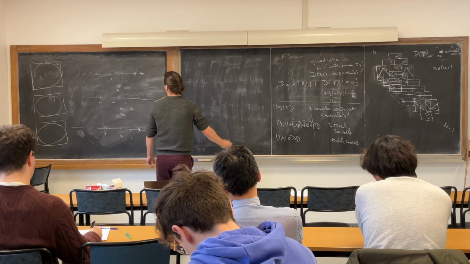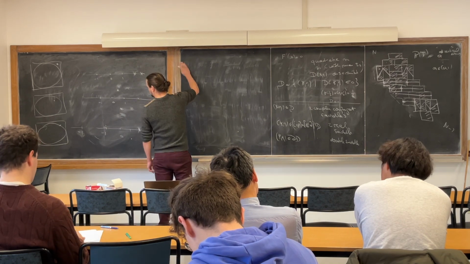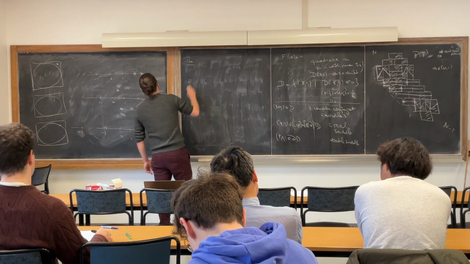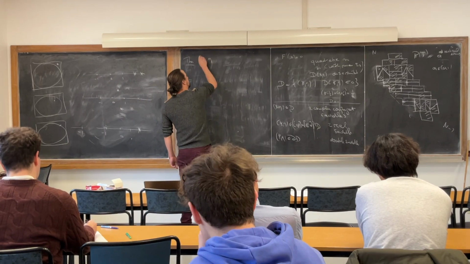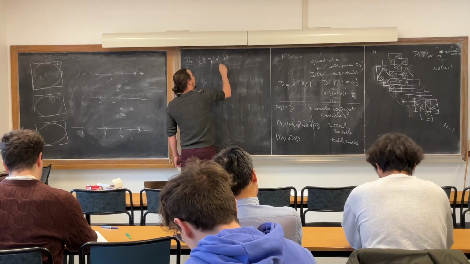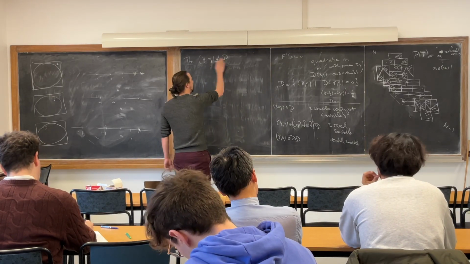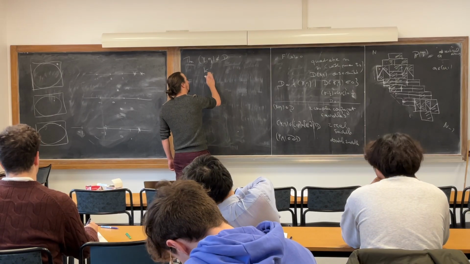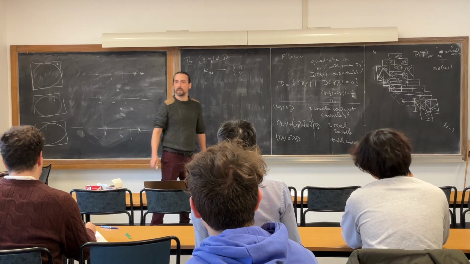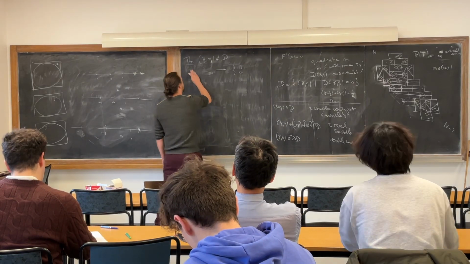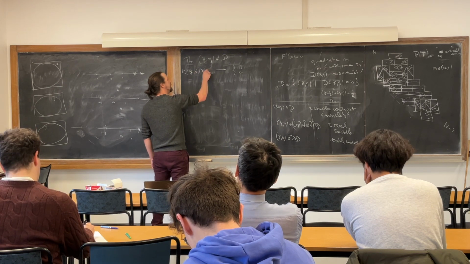There's a very nice statement that says the following. If xi and eta are not in this region, then the kernel will converge to either 0 or 1 on the diagonal. So now we take two points that are the same.